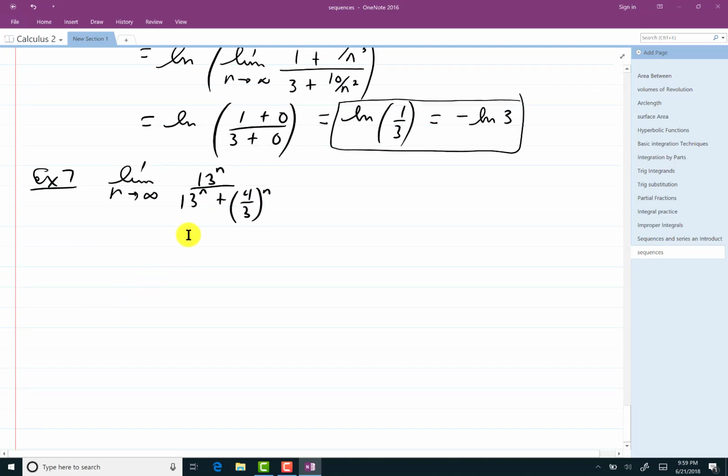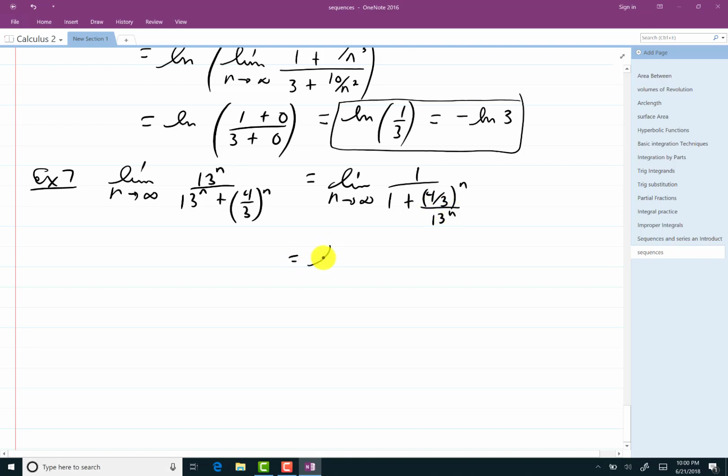I think what I'm going to do here, the highest power, I would say this is the biggest thing. 13 to the n is more than 4 over 3 to the n. So I'm going to divide everything by 13 to the n. So I'll have 1 in the numerator, 1 over there, and then I'll have 4/3 to the n divided by 13 to the n.